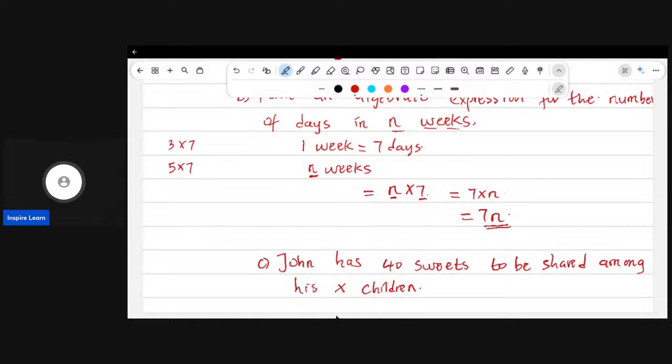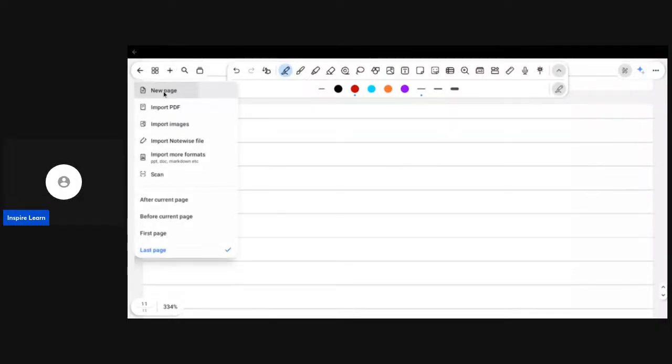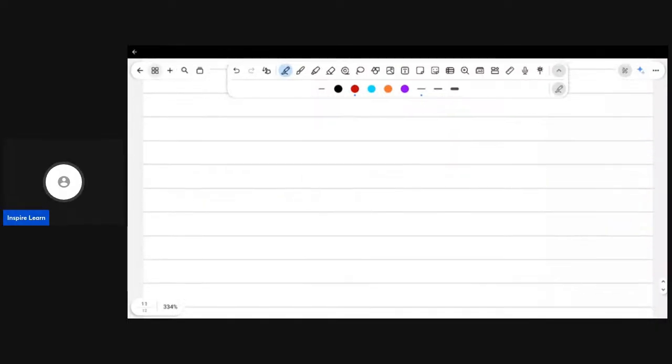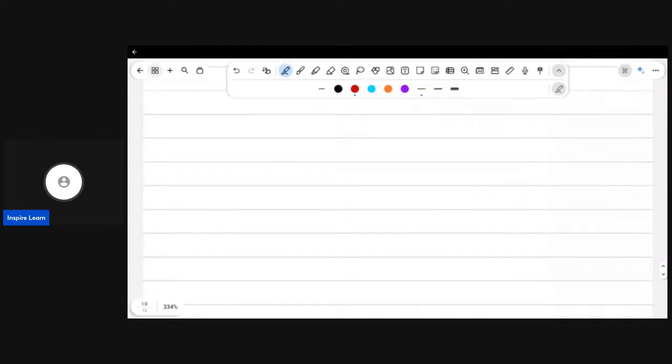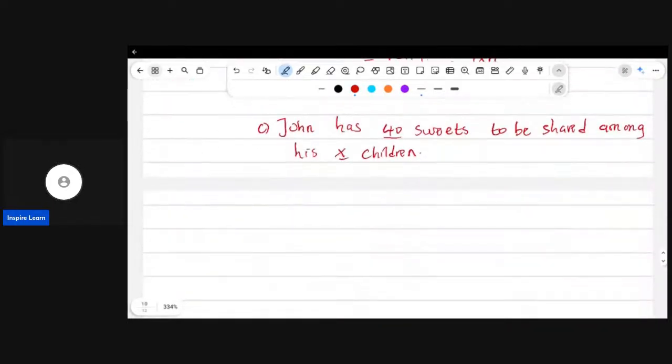So we don't know how many children they are, but John is having 40 sweets and he wants to share those sweets among his children. So if we are to form an algebraic expression for this, let me add my page just a little bit. So what are we going to have? This means we're talking about 40 sweets.